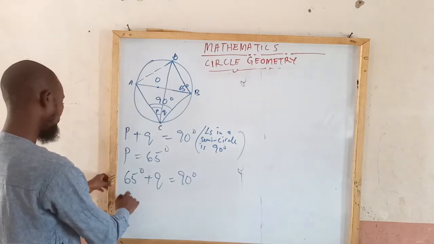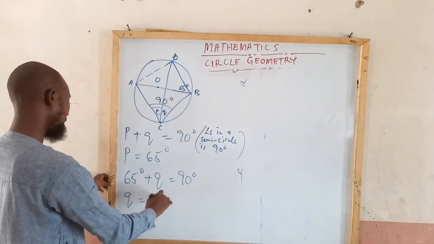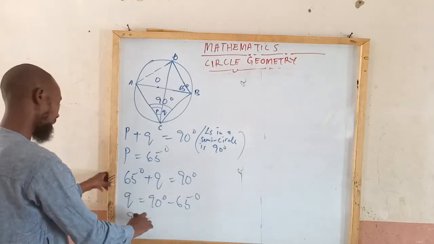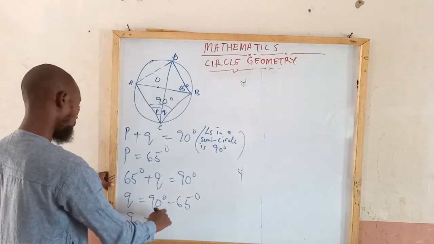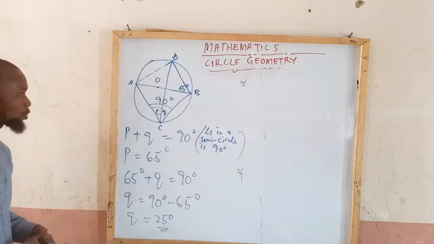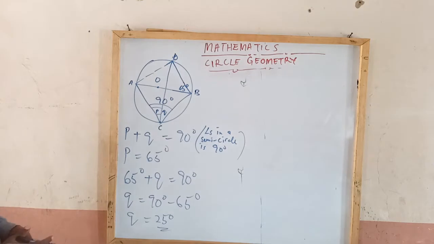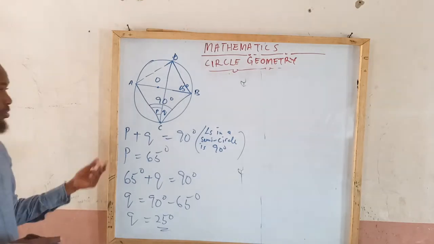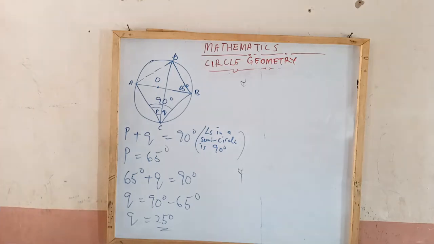That is, Q here is going to be 90 degree minus 65 degree, and we can see that Q is going to give the value of 25 degrees. So that completes the solution to the fourth question, that is question number 4. So we shall move ahead. We'll move over to the next question now, which is question 5.